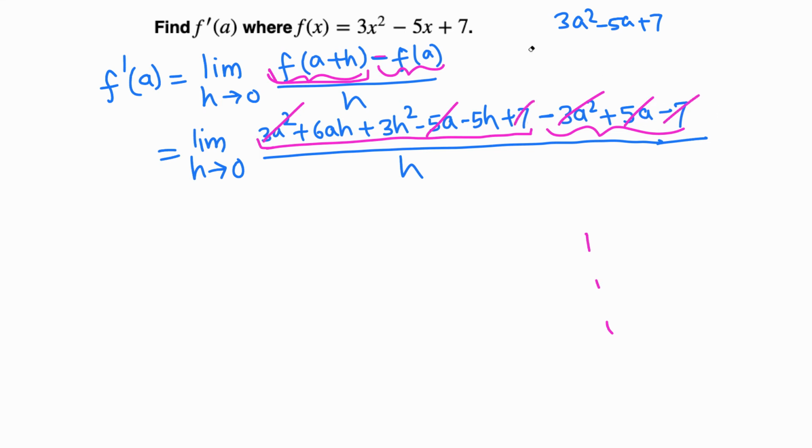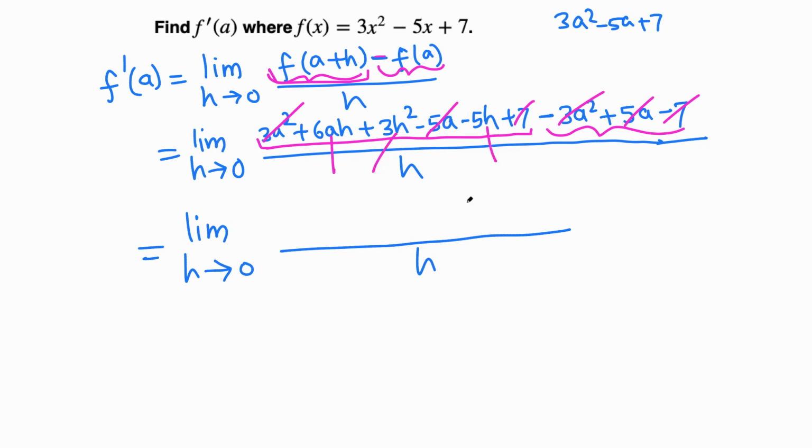After all the cancellations, we need to evaluate the limit, and there should be an h to factor out. So the limit as h goes to 0 of h times, now how many terms are left? 1, 2, 3. Just 3. And what is common in all of these three? h.